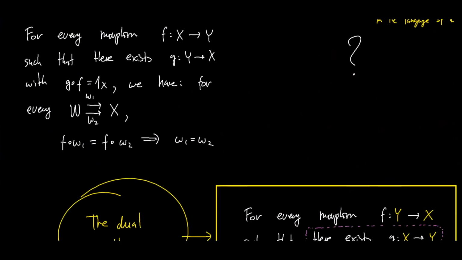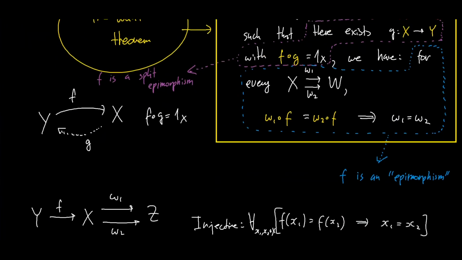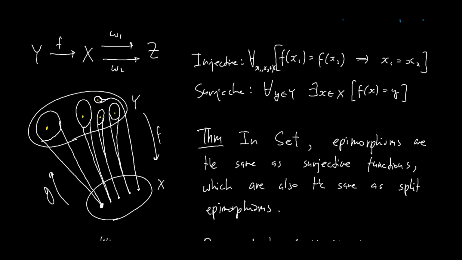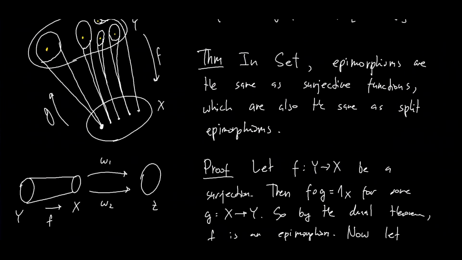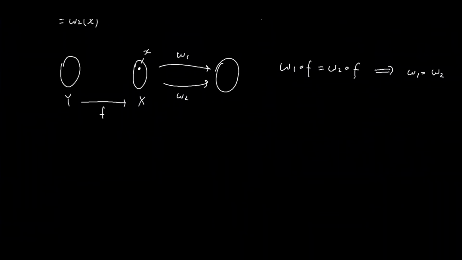The dual of that theorem says that every split epimorphism is an epimorphism, and we were investigating what split epimorphisms and epimorphisms are in the category of sets, and trying to prove that they're actually the same as surjective functions.